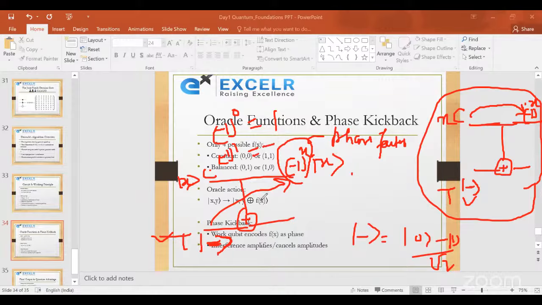Okay, so there are some situations depending upon the value of x input. A combination of situations like that will have a negative phase. And most definitely the negative phase will occur when the value of x is equal to 1.